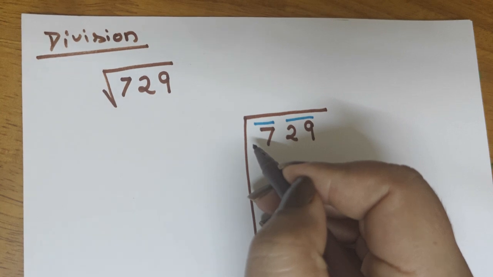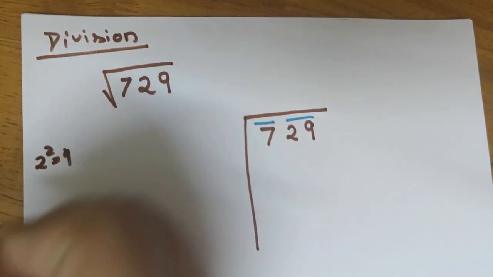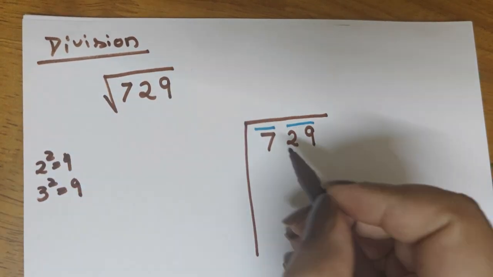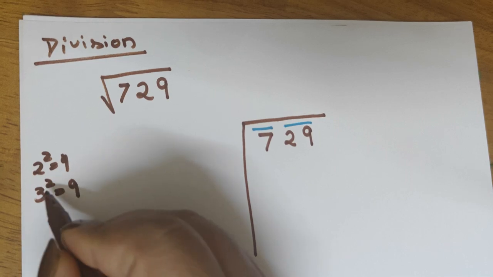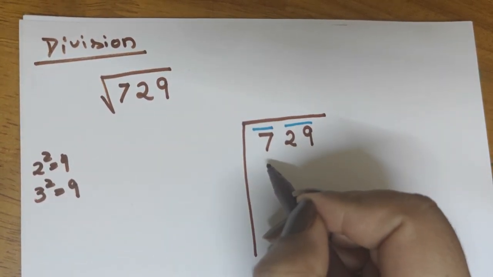First of all, let's try 2. 2's square is 4. Now let's move on to 3. 3's square is 9. 9 is greater than 7.